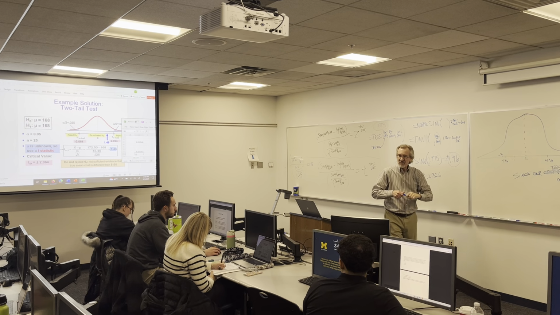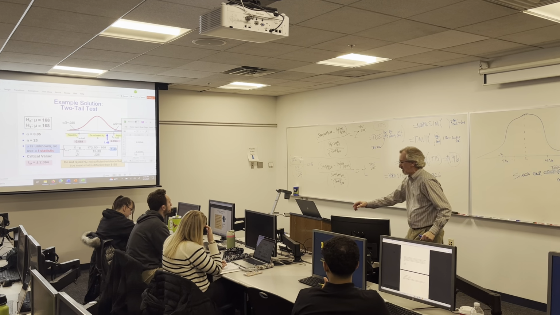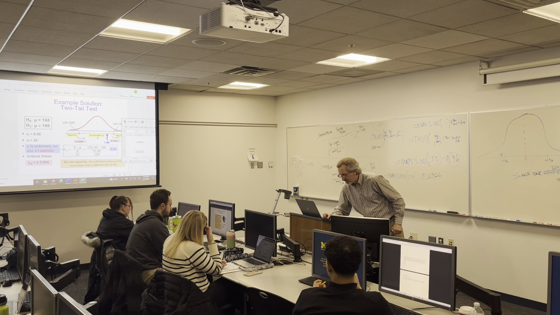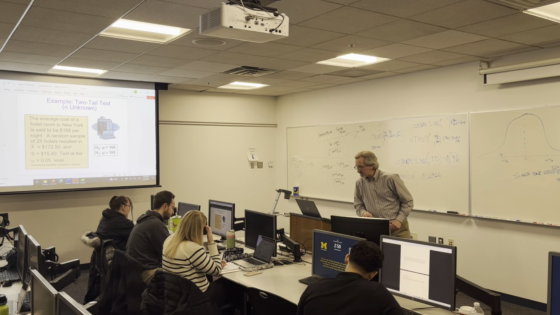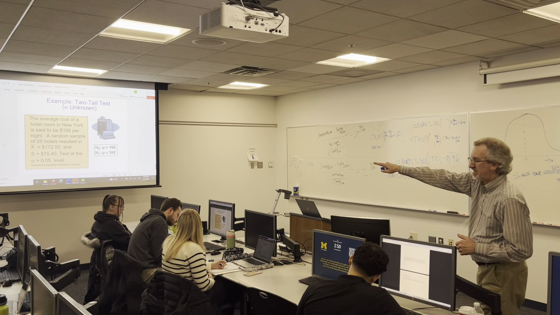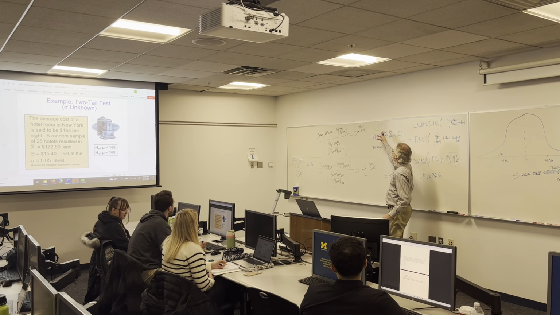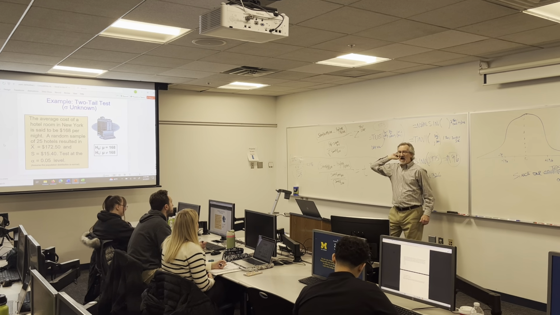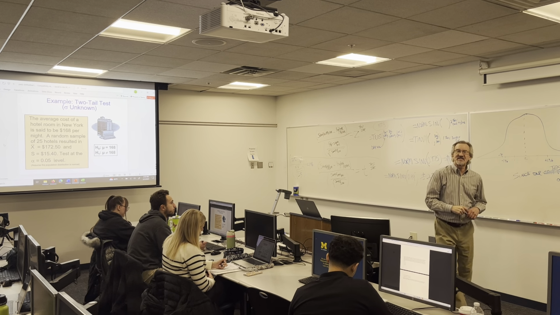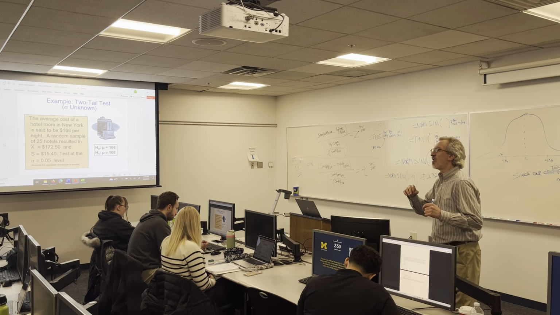You're supposed to compare that 0.1573 to the significance. Let me go back to the problem. What was the significance? 5%. Is our p-value more or less than our significance?